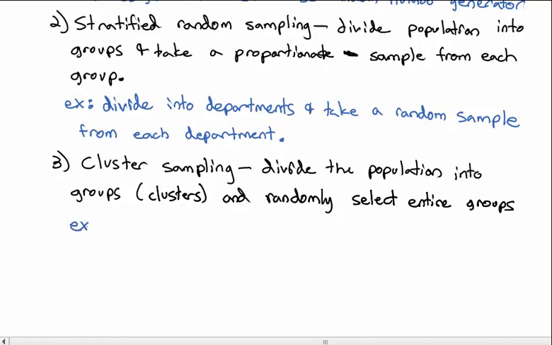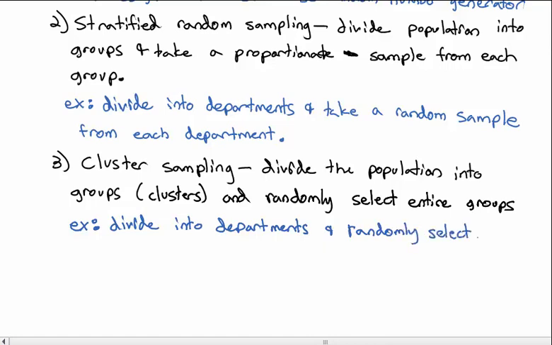So, for example, with our faculty that we've been trying to sample, we are going to divide into departments again, and randomly select entire departments.